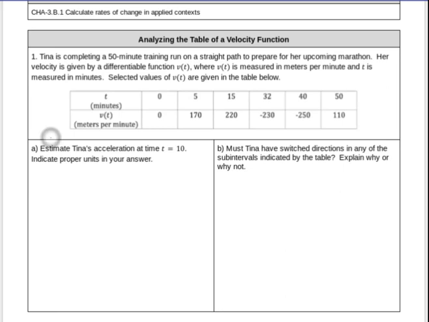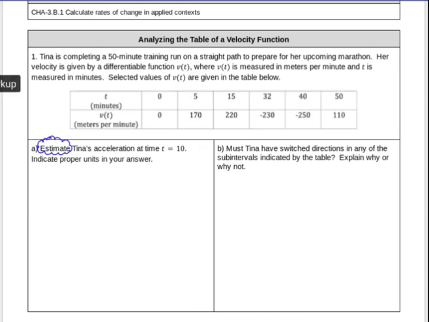So the key word here is that we need to estimate her acceleration. Remember that acceleration is the rate of change of velocity, which means if we have a table that has velocity, in order to estimate the acceleration, we're going to just use average rate of change. That's going to be our estimate.